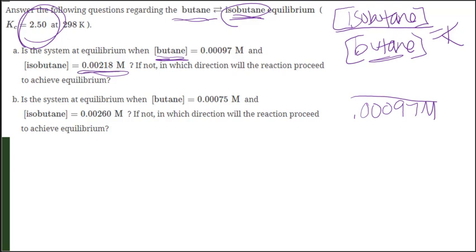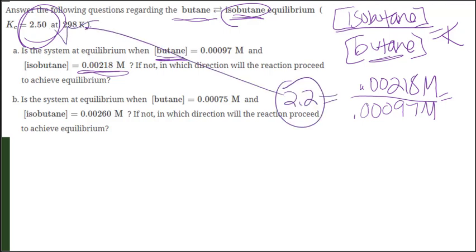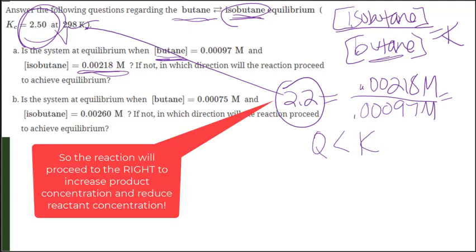And the isobutane is 0.00218. Well, let's see. If I divide those, I get 2.2. How does that relate to 2.5? That means that my Q is less than K. So the concentration of isobutane needs to increase. And in order for the concentration of isobutane to increase, that means my reaction needs to go to the right, so the concentration of butane needs to decrease.